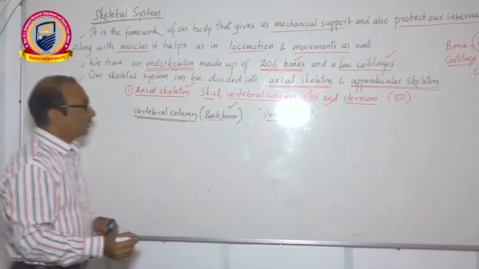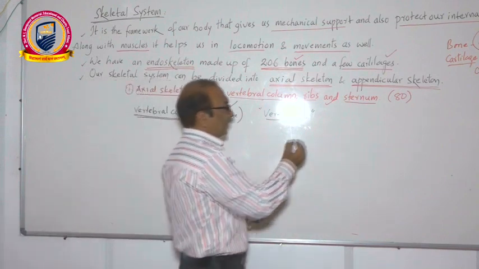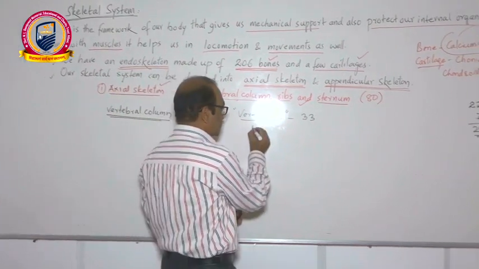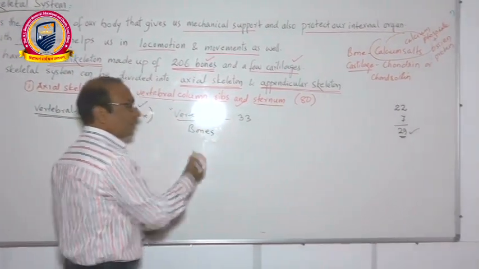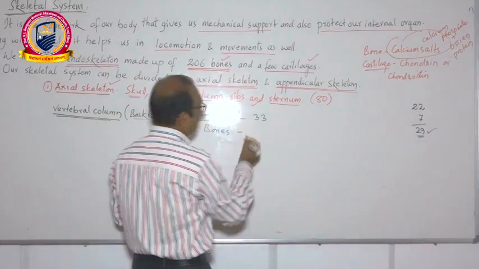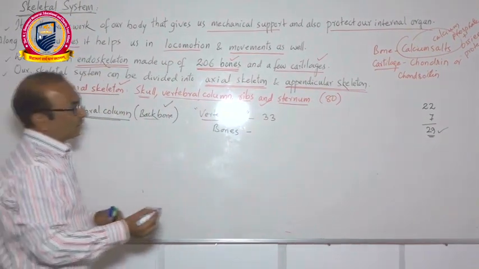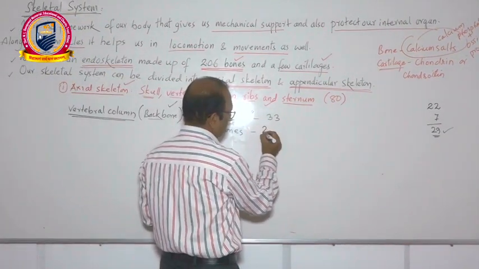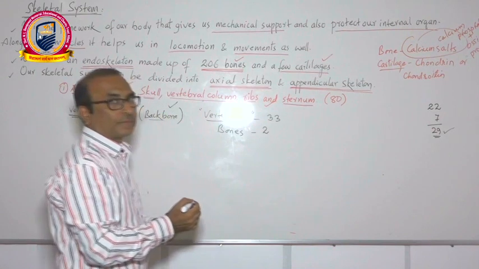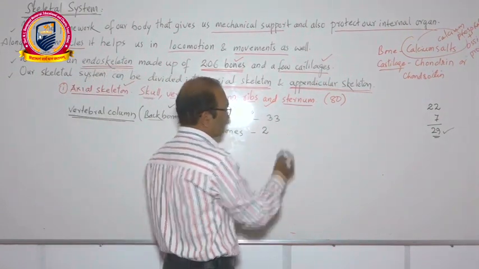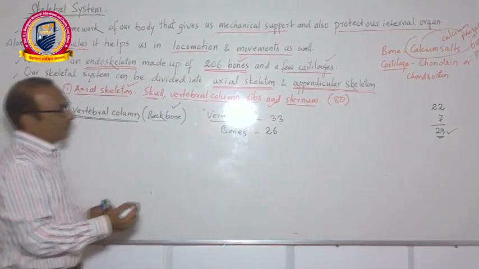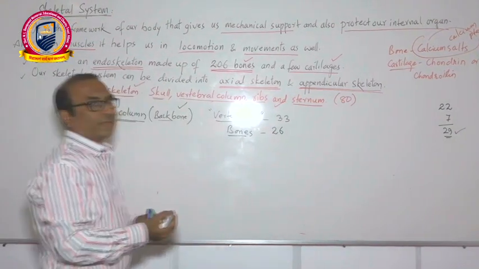There are actually 33 vertebrae, but the actual bones in our vertebral column are 26. That is, you minus 7 from this. How to remember? Minus 7 from 33, so that is 26. Now why is it 33 vertebrae but 26 bones? We'll come to know.